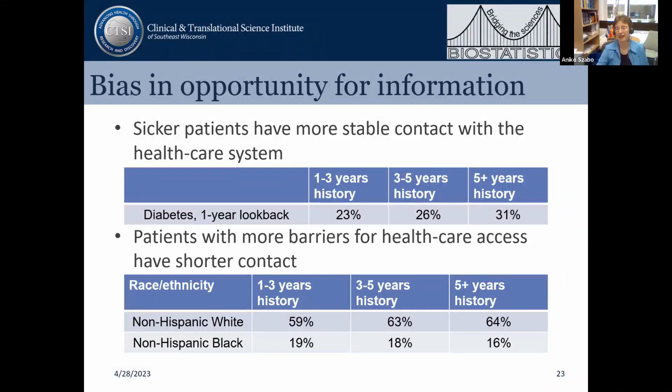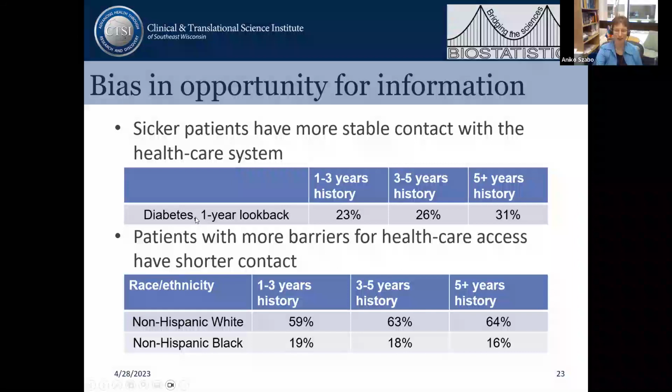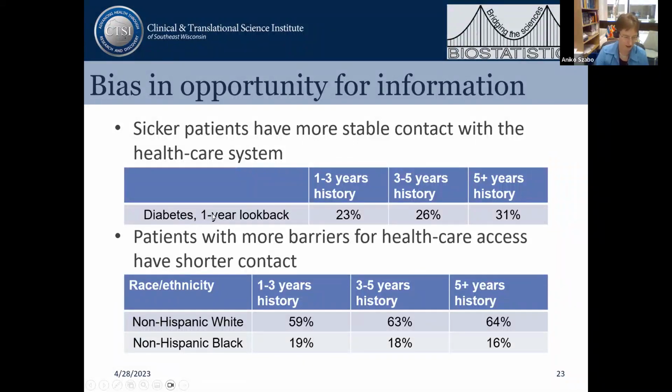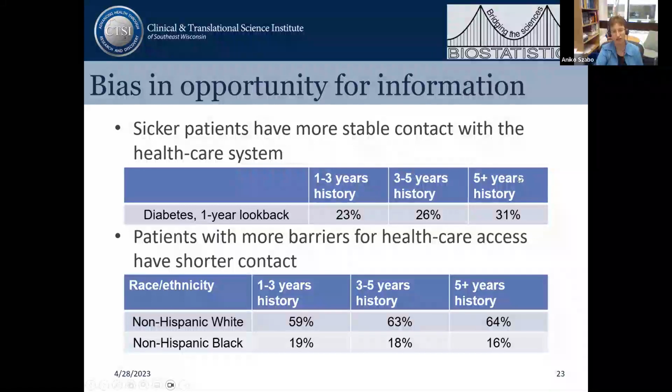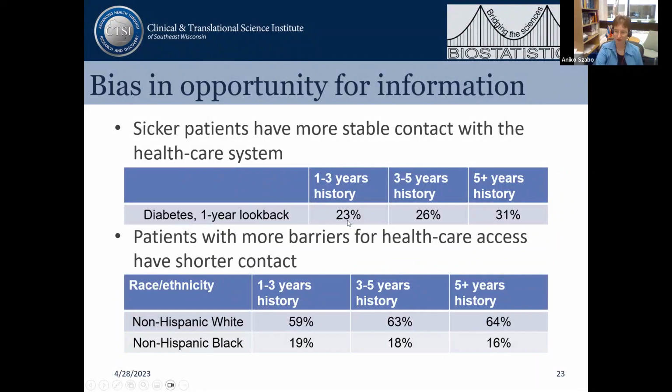So when I took, again, diabetes and 1 year look back only, but I looked at patients who have 1 to 3 years history within the system, or 3 to 5 years, or more than 5 years history available, the incidence of diabetes in the last year, as recorded by diabetes code, went from 23% to 31%.